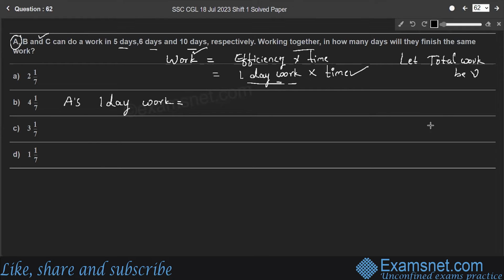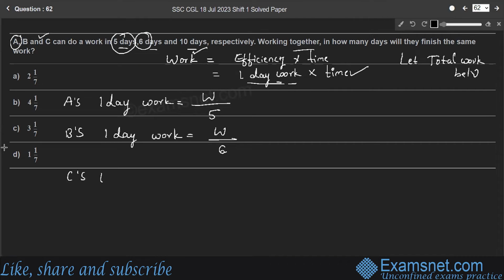If you consider total work as W, A's 1 day work becomes W by the number of days he is going to take. So he takes 5 days to complete the total work. Therefore, his 1 day work becomes W by 5. Whereas B's 1 day work is total work divided by the number of days taken by B, which is 6, right? W by 6.